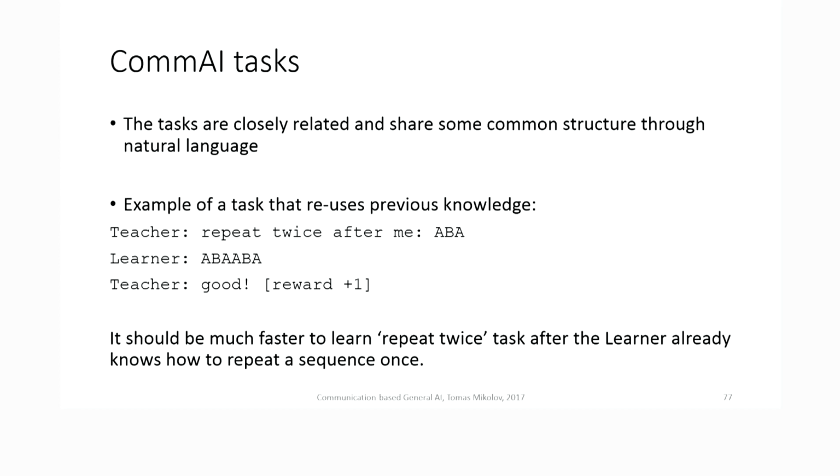These are examples that show you can have a task where the teacher wants the learner to repeat something twice. After it already knows how to repeat something once, then repeating it twice should just be a matter of understanding the word twice, and it should do it.